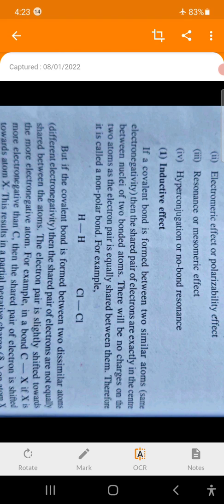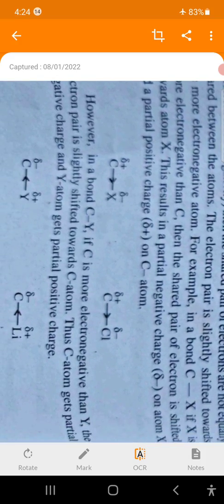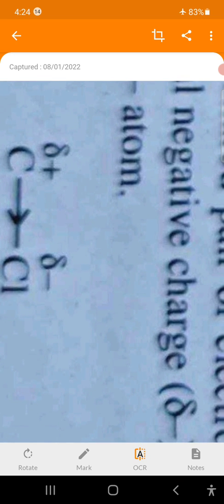The inductive effect operates through sigma bonds. If we consider a C-Cl sigma bond, Cl is more electronegative, and therefore it pulls the bonding electrons between carbon and chlorine towards itself.